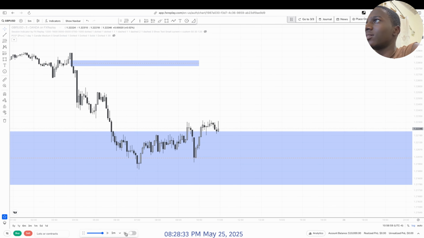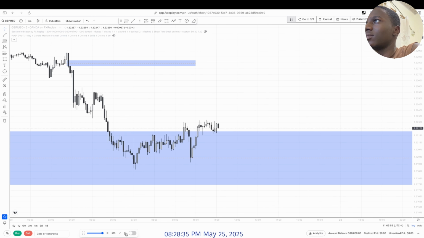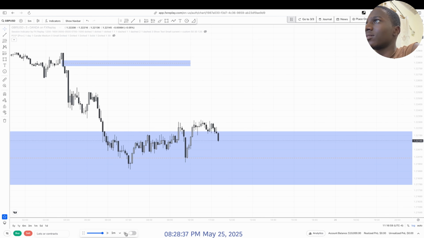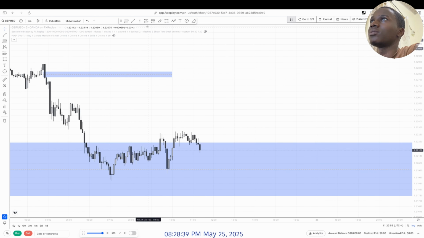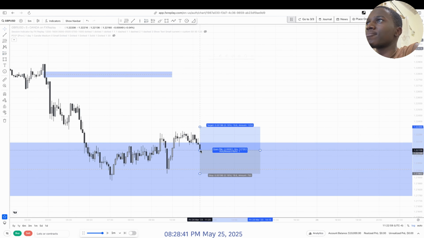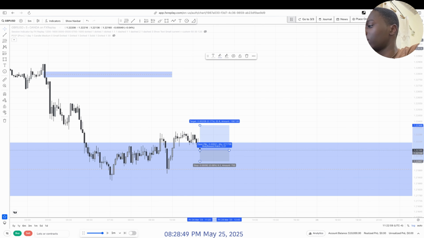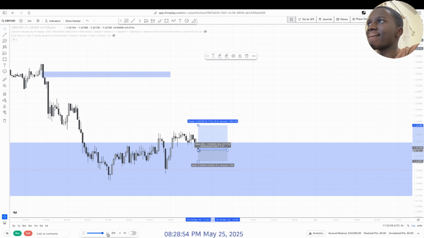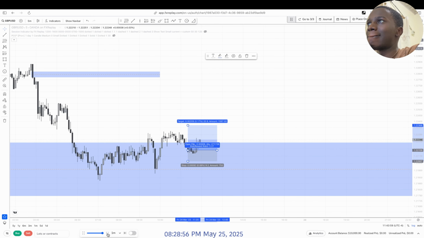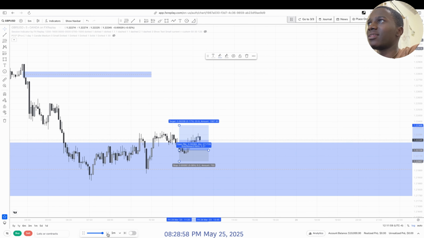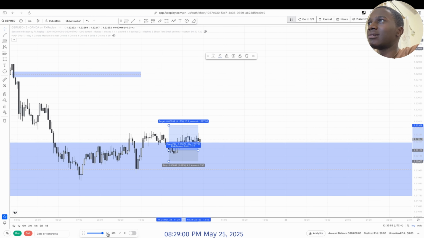It doesn't fill it until, okay, so now it was filled. Consider the fair value gap holds a bit.